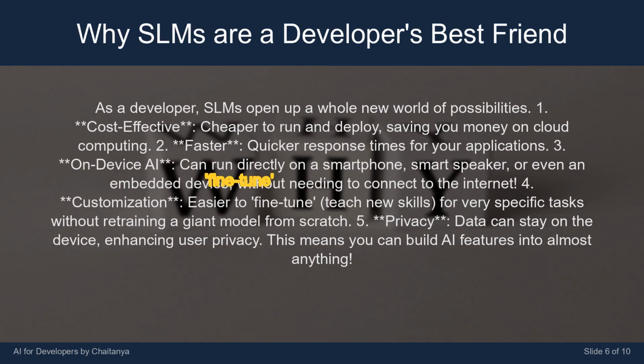Customization, easier to fine-tune, teach new skills, for very specific tasks without retraining a giant model from scratch. 5. Privacy. Data can stay on the device, enhancing user privacy. This means you can build AI features into almost anything.